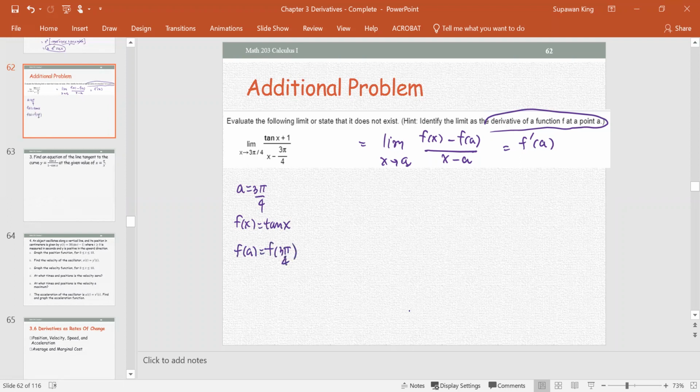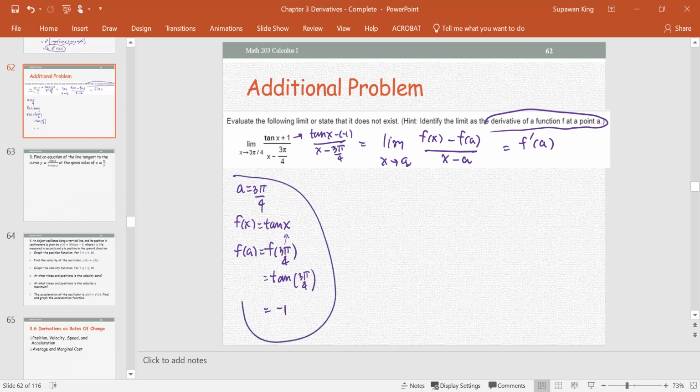The 3 pi over 4 replaced in the x term, then we have the tangent of 3 pi over 4. 3 pi over 4 is in the second quadrant, so the tangent of 3 pi over 4 is negative 1. So this is the same as tangent x minus negative 1. That means we have the right set of terms to move on to the next step.